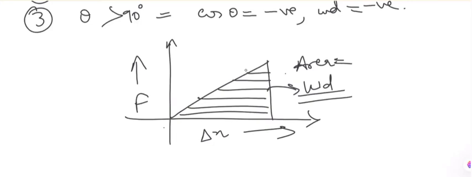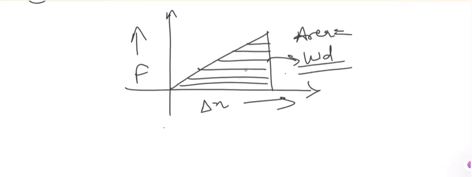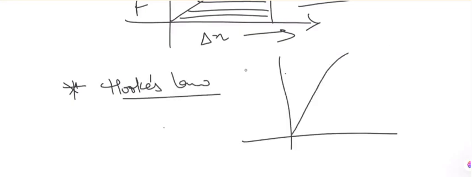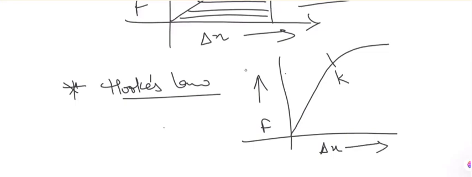Great. Now suppose they give you this type of tricky question in Hooke's law. Hooke's law graph is something like this. Here is the K value, this is F value, this is delta x value. Correct? So I'm aware that my F is equal to Kx.